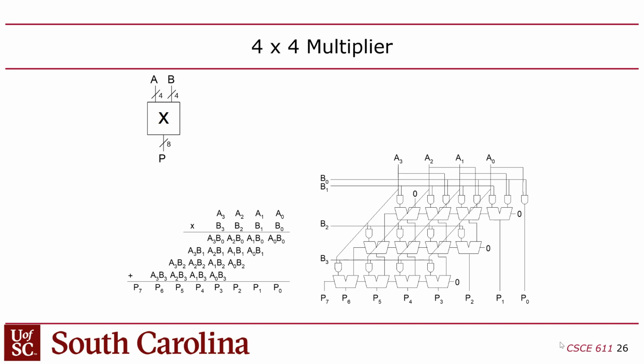So you'll notice that over here, the least significant bit of the product is basically just going to be A0. So that means that if the least significant bit of the multiplier is 0, then that's going to guarantee that the least significant bit of the product is 0.